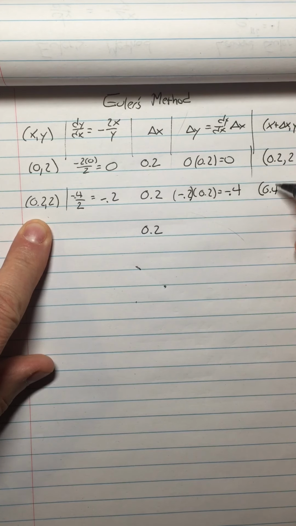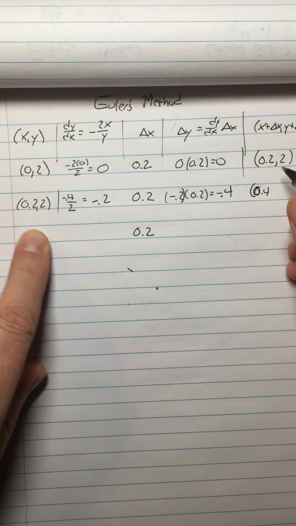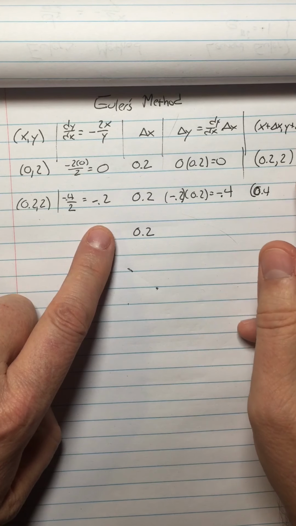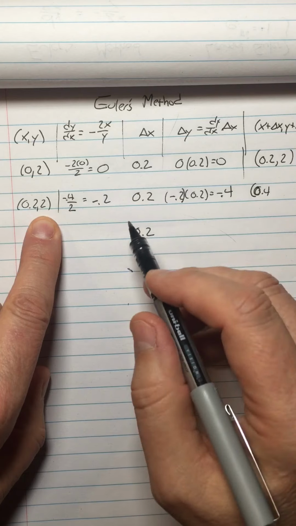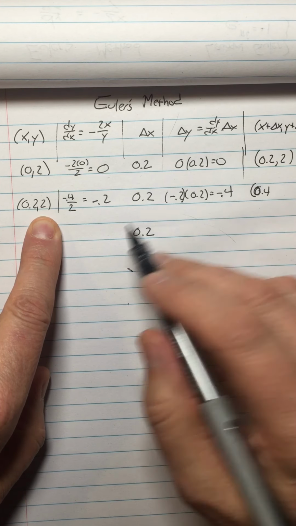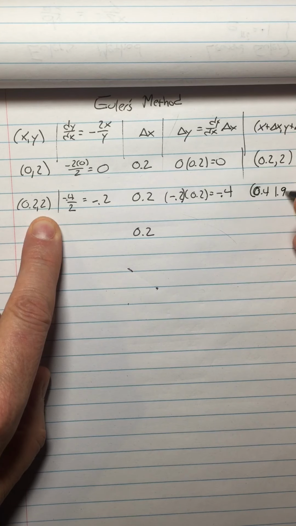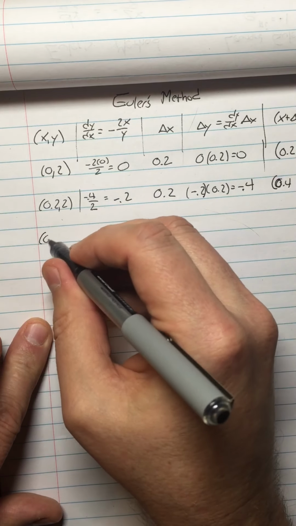You're going to see your x's just go 0.2, 0.4, 0.6, 0.8, etc. And for my new y, I take my original y, which is 2, plus my delta y, which was negative 0.04. So 2 plus negative 0.04 is 1.96. That's my next point, and I'd bring it down and do it again.